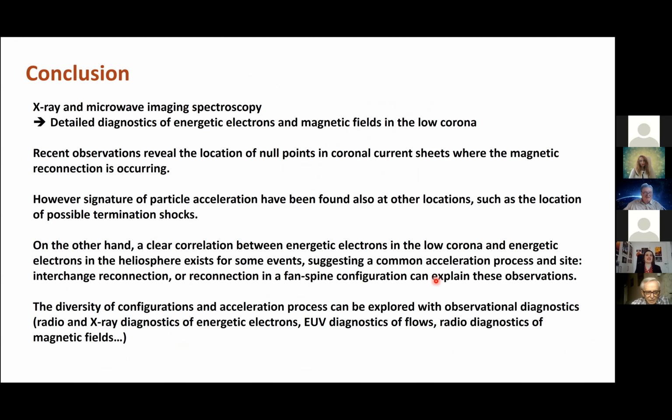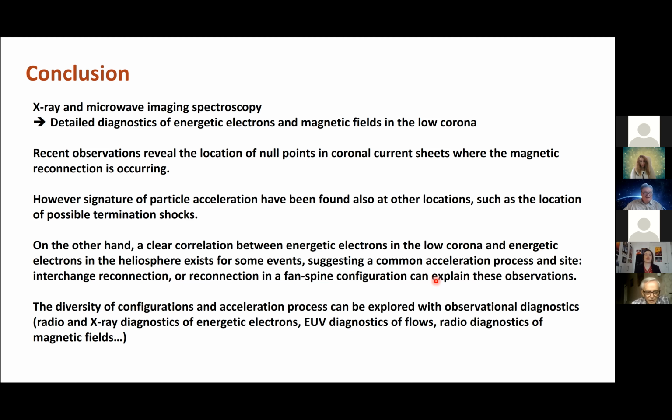So briefly, the conclusions are that X-ray and microwave imaging spectroscopy is providing a detailed diagnostic of energetic electrons and magnetic field in the low corona. And we have observations that agree with the fact that electrons can be accelerated below the reconnection site at a termination shock, or maybe also by turbulence there.